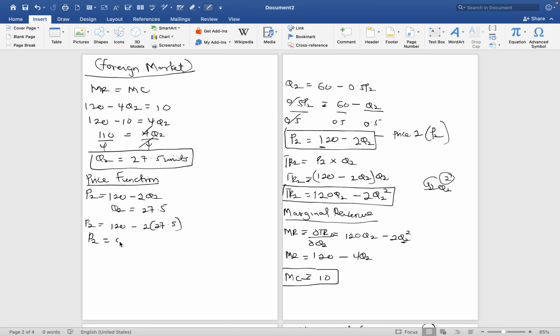So the new price, which is P2, is 65. So this is P2 and Q2. Let's move to the next question.